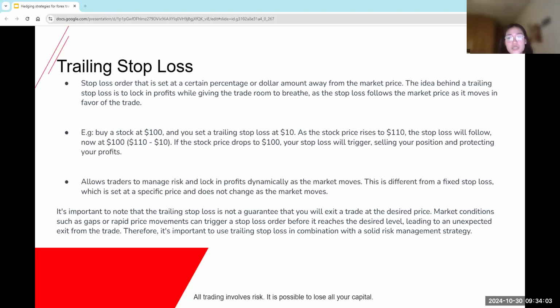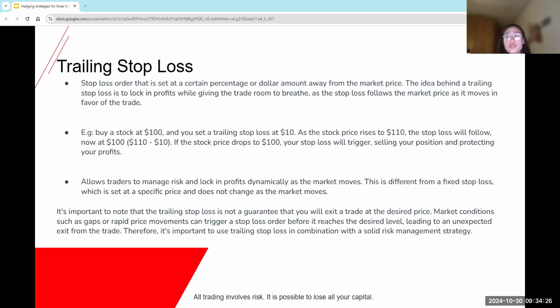So the example here is, let's say you buy a stock at $100 and you set a trailing stop loss at $10. As the stock price rises to 110, the stop loss will follow, now at $100, 110 minus $10.